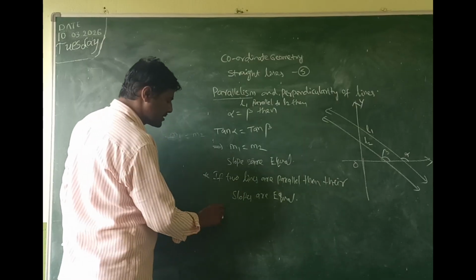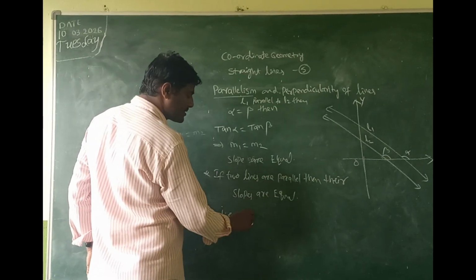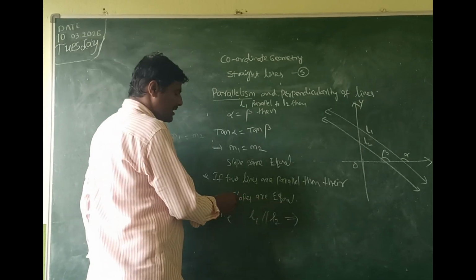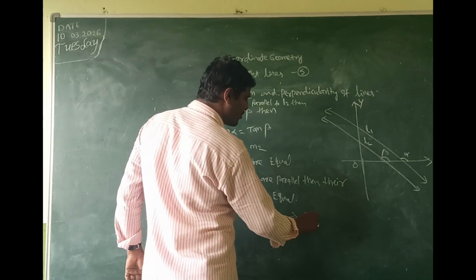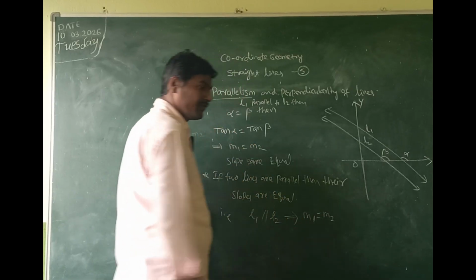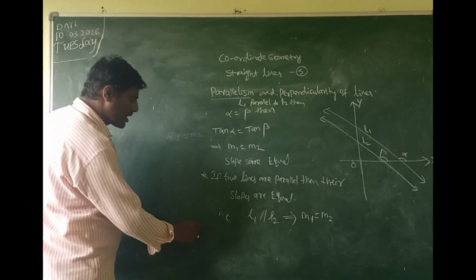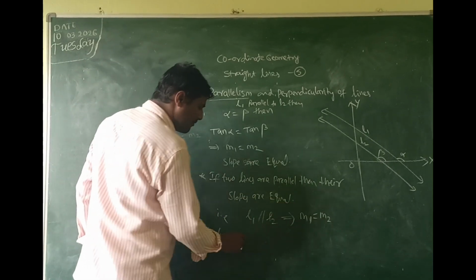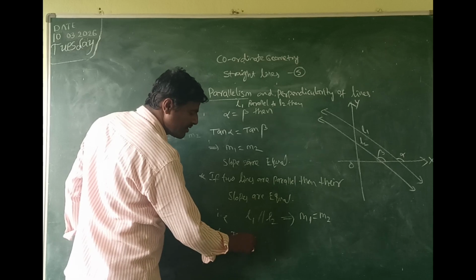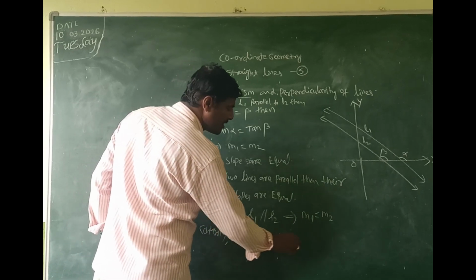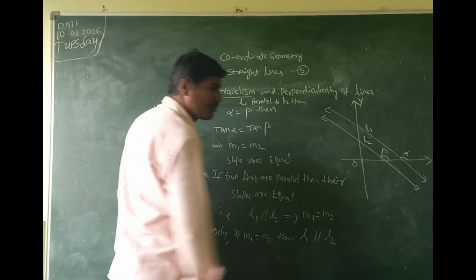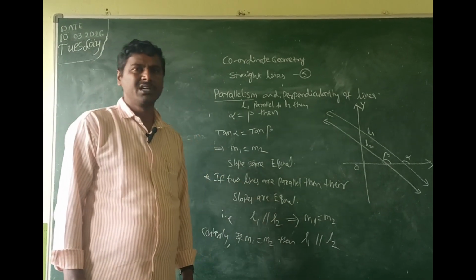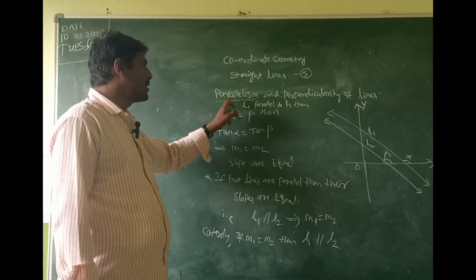That is, L1 is parallel to L2 implies their slopes are equal, m1 equal to m2. Conversely, if m1 equal to m2, then L1 is parallel to L2. So if slopes are equal, then automatically the lines are parallel to each other. This is the condition for parallelism.